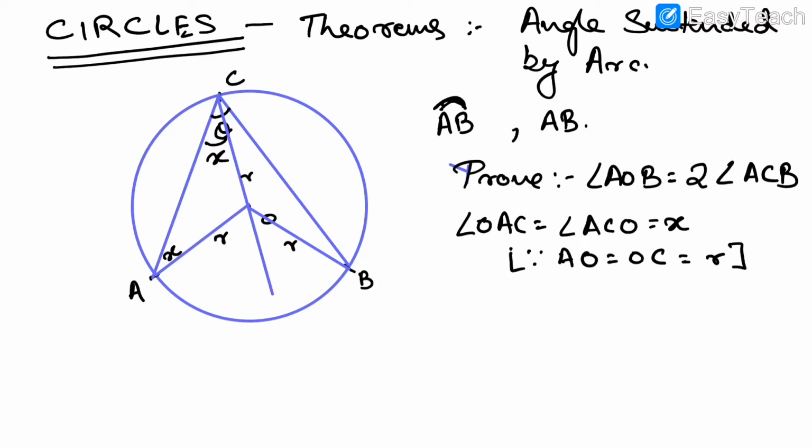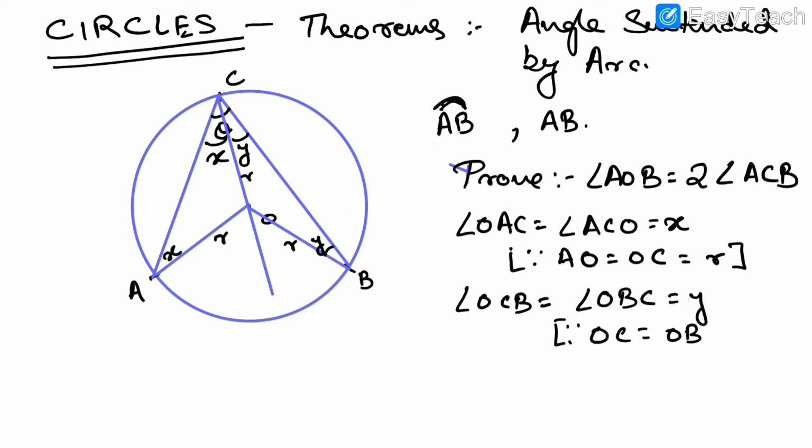Similarly, angle OCB will be equal to angle OBC equals y, for the same reason, since OC equals OB equals R, the radius of the circle.